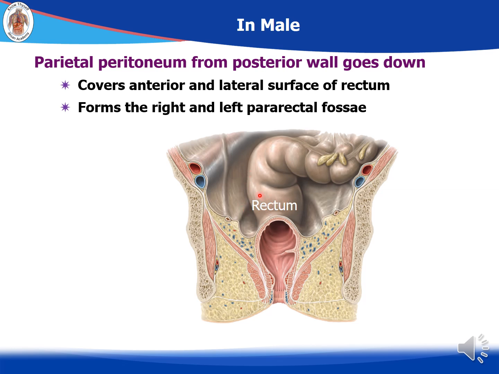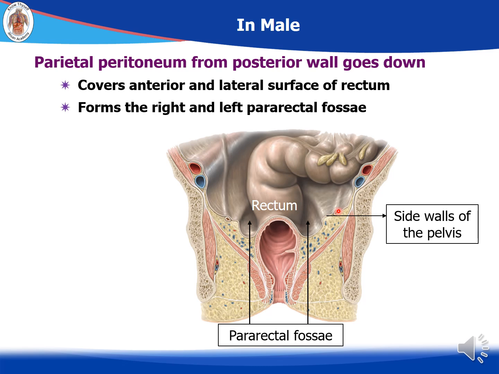So this is the anterior surface peritoneum, and on either side you can see the fossa on the right and left side of the rectum. These are known as pararectal fossa. So peritoneum is making this fossa. This is the pararectal fossa. This is the parietal peritoneum.